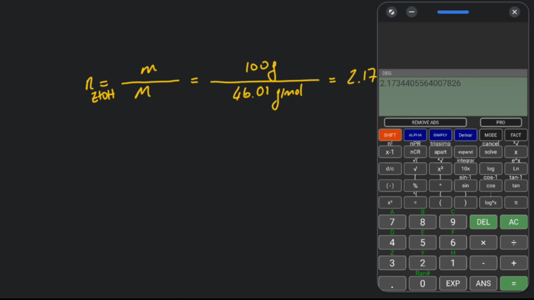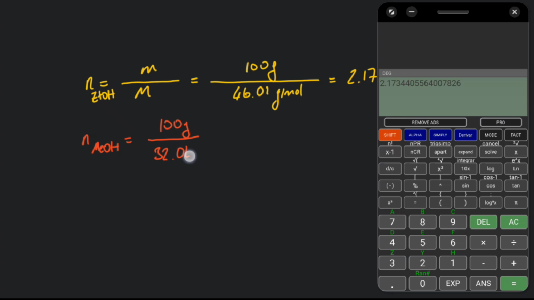Similarly, we have to calculate the mole of methanol, 100 grams over 32.04 gram per mole, 3.12 moles.